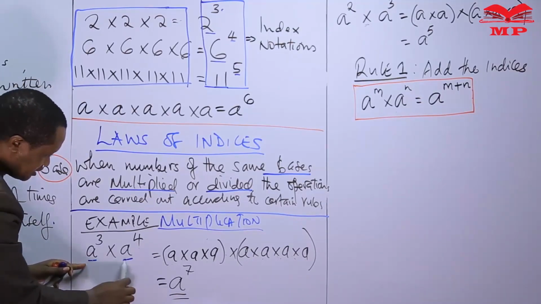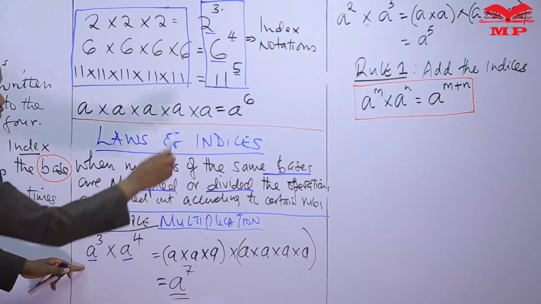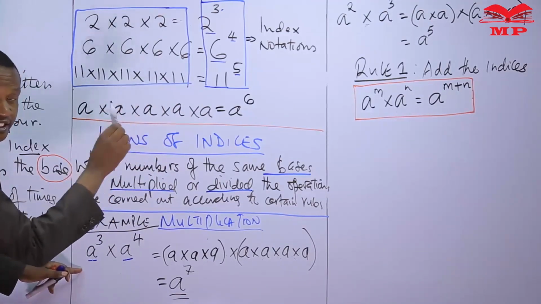When multiplying these numbers with the same base, rule number 1, add the indices.